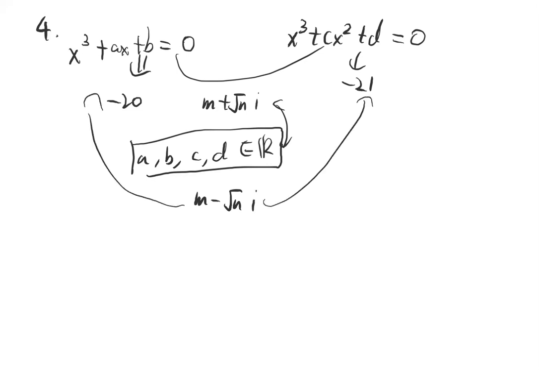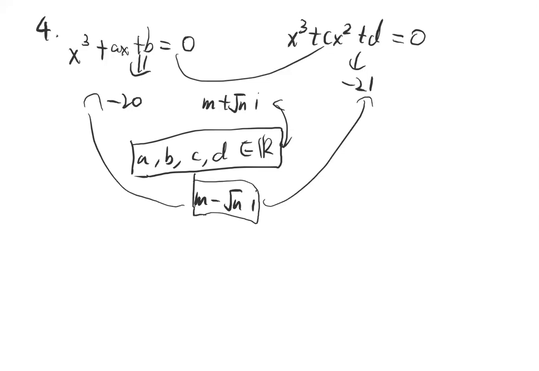It has to be, or else you won't have real coefficients. So this detail matters a lot. If you didn't recognize this, I have no idea how you would do this question.